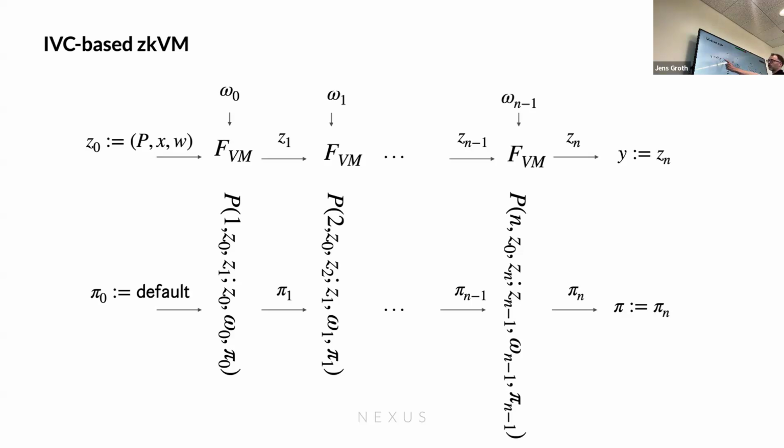The starting input could be the program and the inputs, and the output in the end could be the output of that program. Then you would create the corresponding proofs in the zkVM, and it will spit out a proof in the end, so you can know that the whole sequence has been computed correctly.